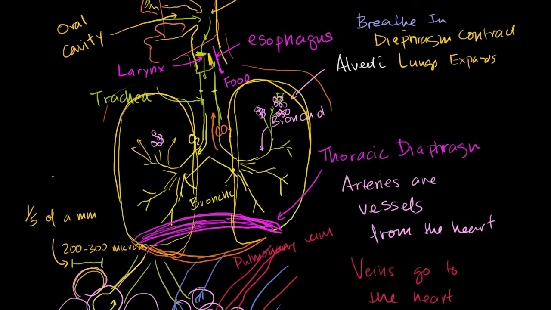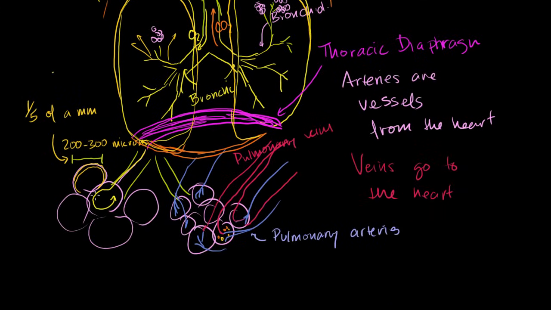I looked it up. The internal surface area of your alveoli, the total surface area where the oxygen can be absorbed in or the carbon dioxide can be absorbed out from the blood, is 75 square meters. That's meters, not feet.